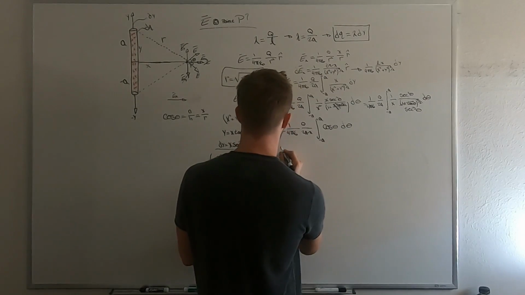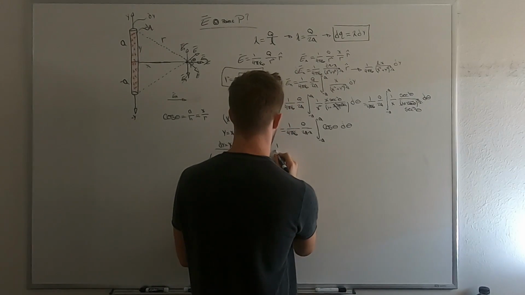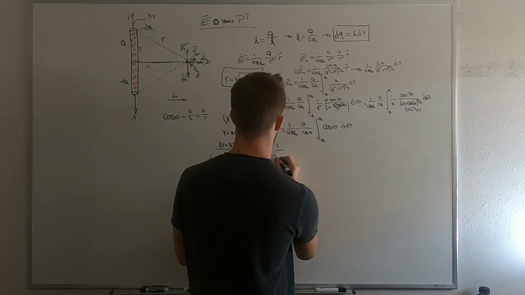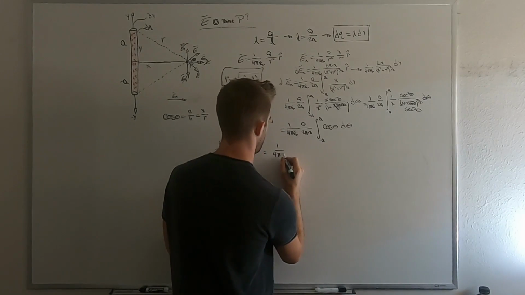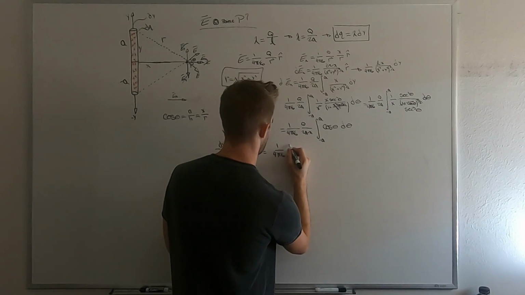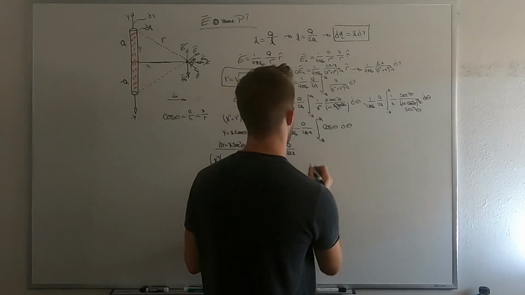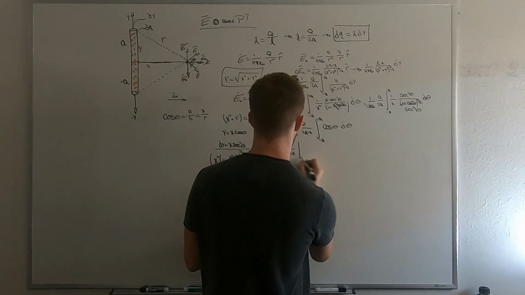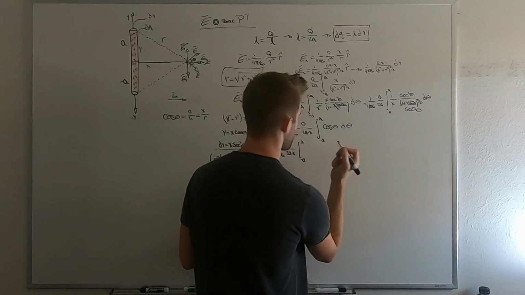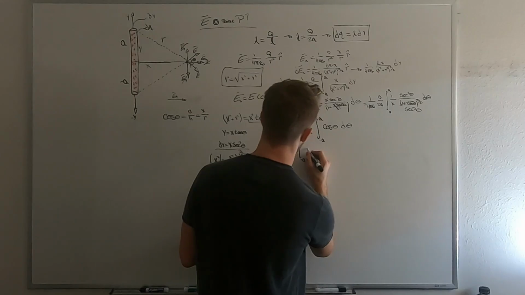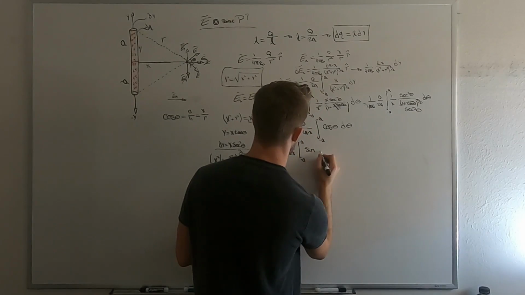So that's going to be equal to 1 over 4 pi times epsilon naught times q over 2a times x. And at this point we have our limits of integration, so from negative a to a, and the integral of cosine is sine theta.